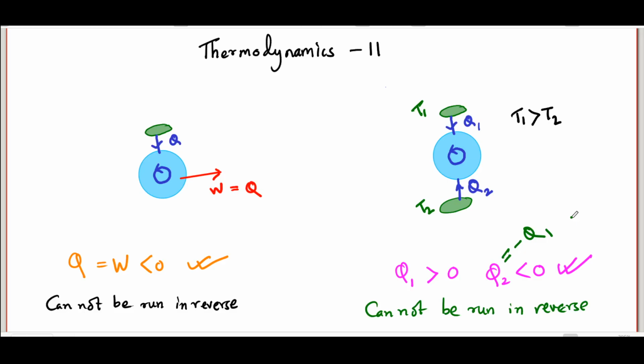You have no means of taking heat from a cold body and putting it into a hot body without any external work being done. So these are examples of two processes which occur in real life but cannot be run in reverse. Now why can't they be run in reverse?